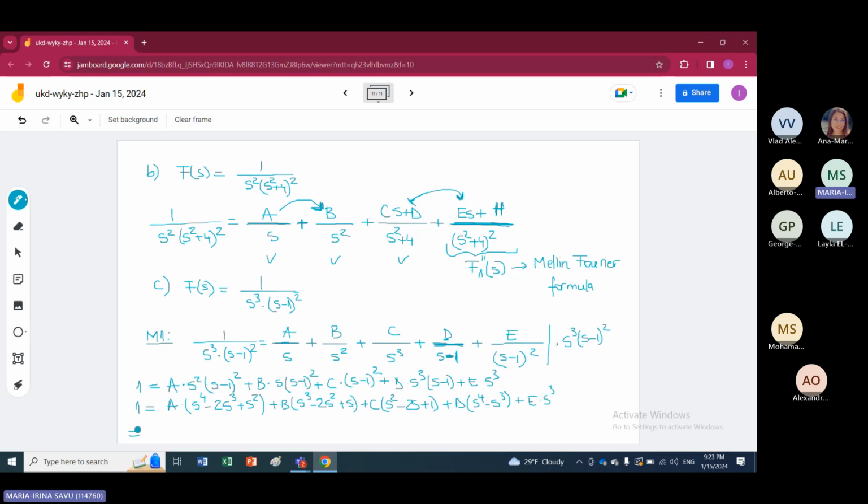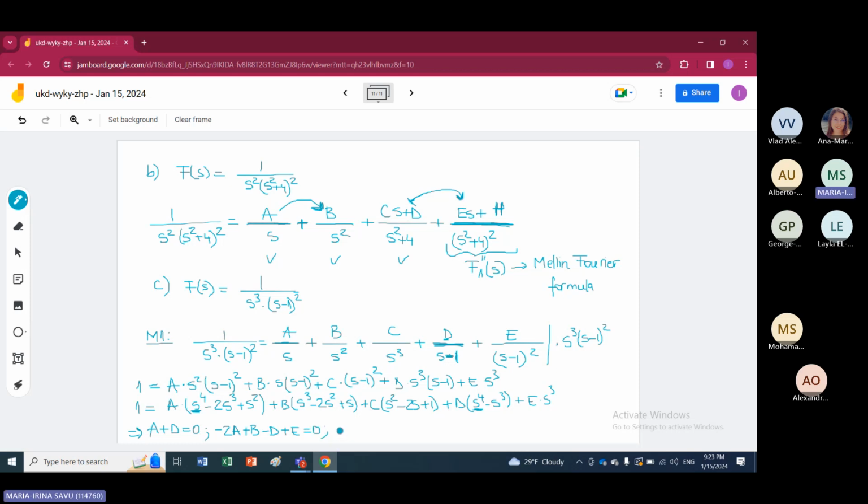Okay, and here I'm going to write the equations. For s to the fourth, I have a here and d here. So a plus d is 0 because I'm looking at this expression. Then for s cubed, I have minus 2a from here, plus from here minus b, and plus e from here.